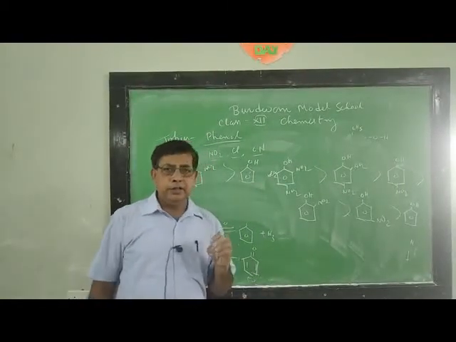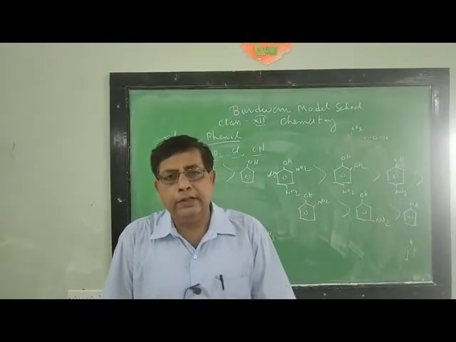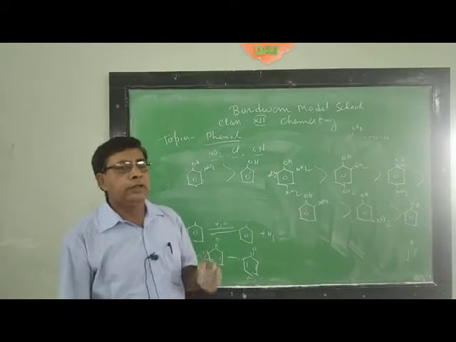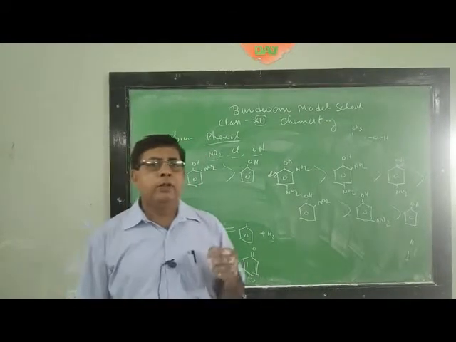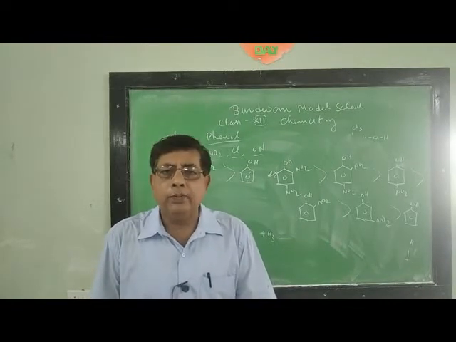If electron releasing groups are present in the benzene ring, then the acidic character will decrease. Say methyl group, OH group or NH2 group, if present in the benzene ring, they decrease the acidic character of phenol. In case of electron releasing groups, the effect is more prominent in ortho and para positions.